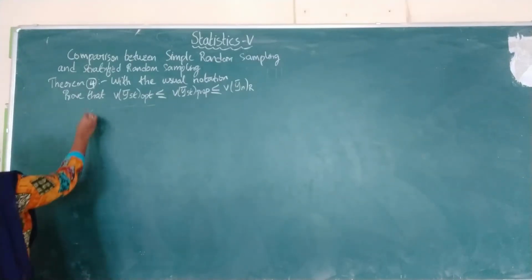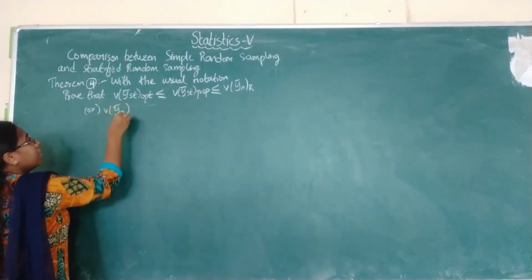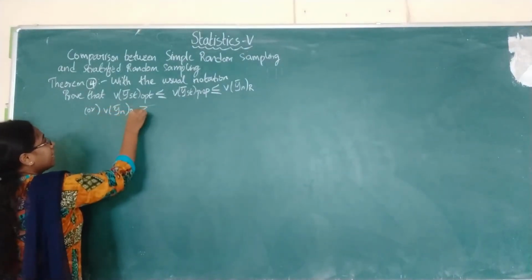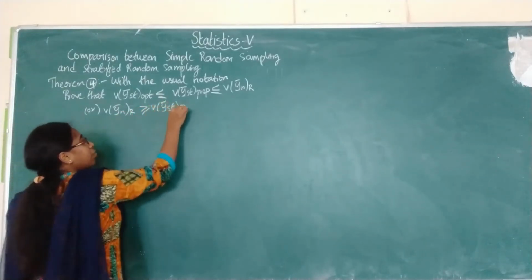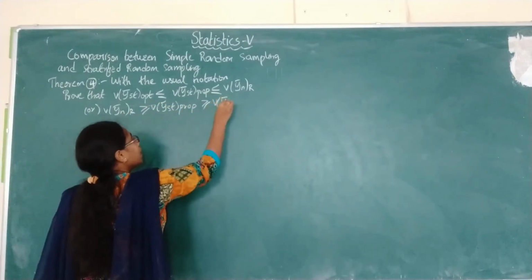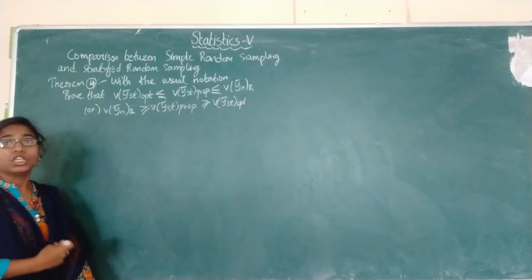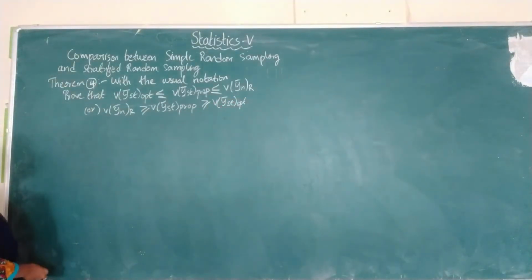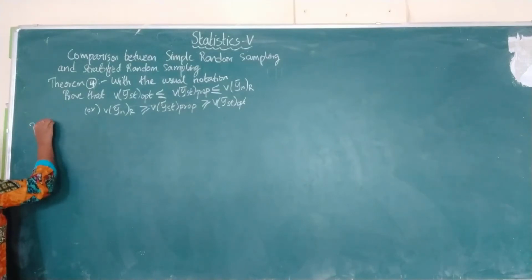This can also be written as the variance of y bar n under random sampling is greater than or equal to the variance of y bar st under proportional allocation, which is greater than or equal to the variance of y bar st under optimum allocation. This is the statement for the comparison between simple random sampling and stratified random sampling.